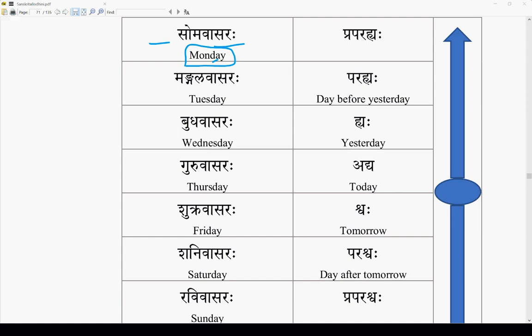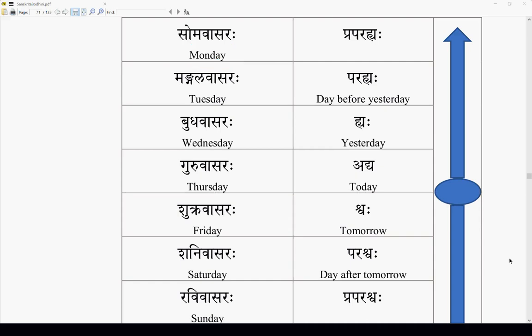So what is Soma? You have to think. And Monday. Why is it called Monday in English? Soma is moon, Mahodaya? No, in English, why is it called Monday?